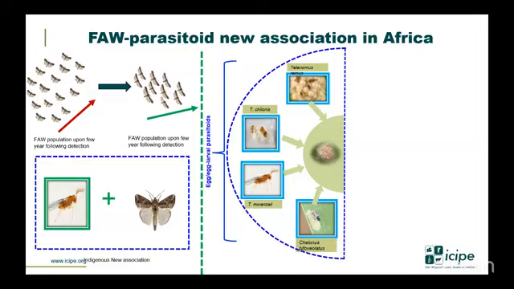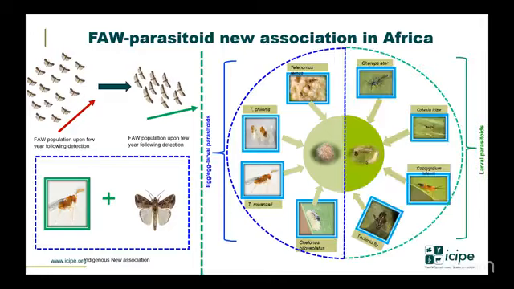Three of them are egg parasitoids, and one is an egg-larval parasitoid. And there is also a rich guild of larval parasitoids that established new associations with fall armyworm. Of particular interest is Cotesia icipe. When we tested it, it was quite efficient, and this is why we took it for further investigation.